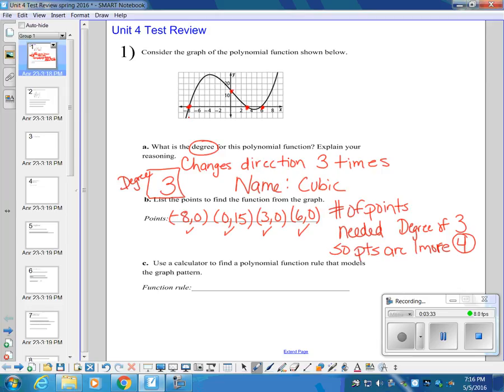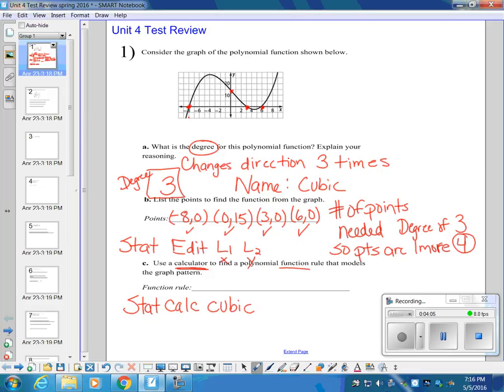Now, you put those in your calculator. Stat, edit. L1 is your x, L2 is your y. Get those points put in. Then you use your calculator to find the function by doing stat, calc, cubic.